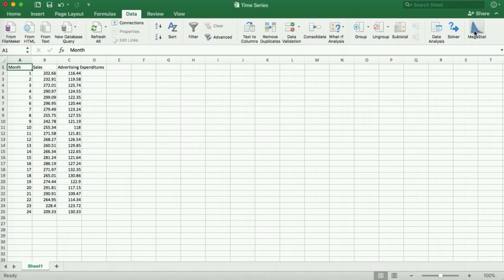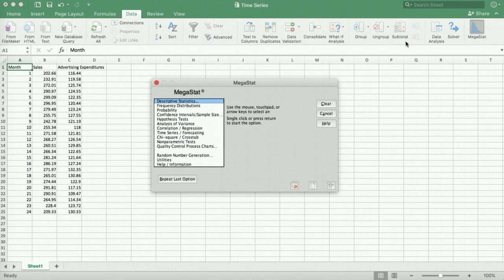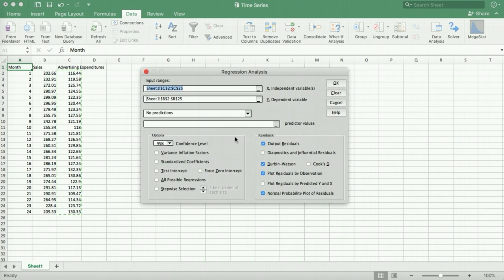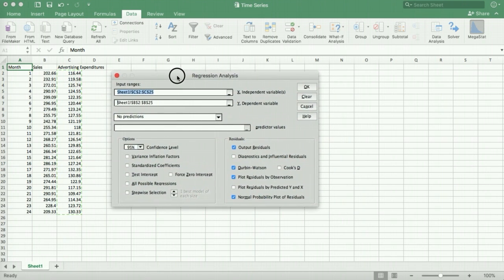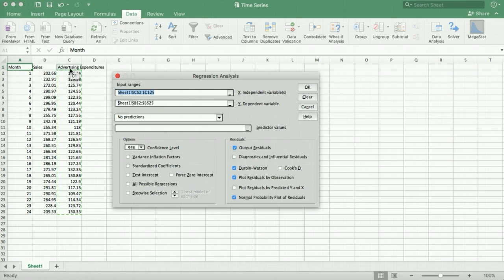Here, I'll click on MegaStat, and then I'll click correlation/regression, and then I'll choose regression, and then here a dialog box will appear, and I'll have to make selections so that I can perform the correct test. Here, the independent variable will be the advertising expenditures, and then my dependent variable will be the sales.